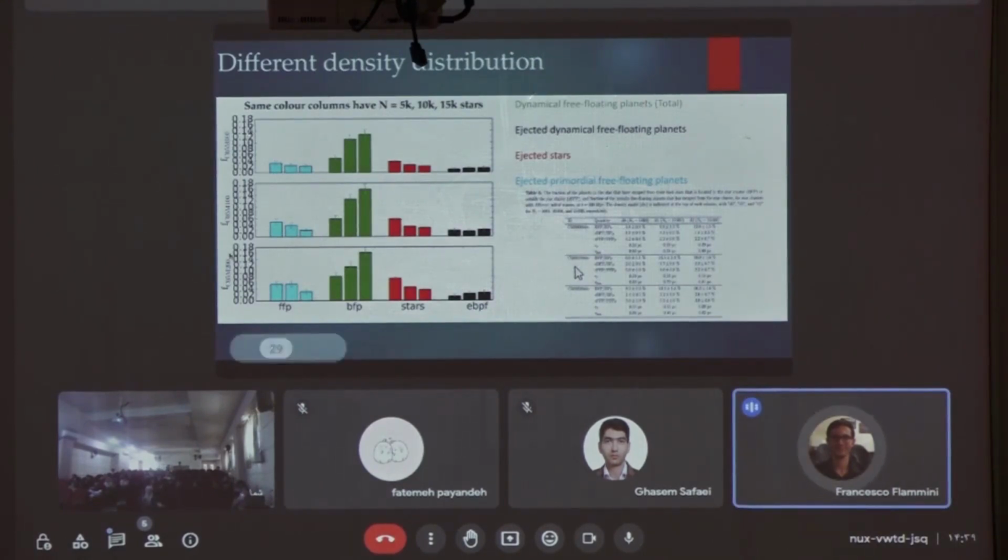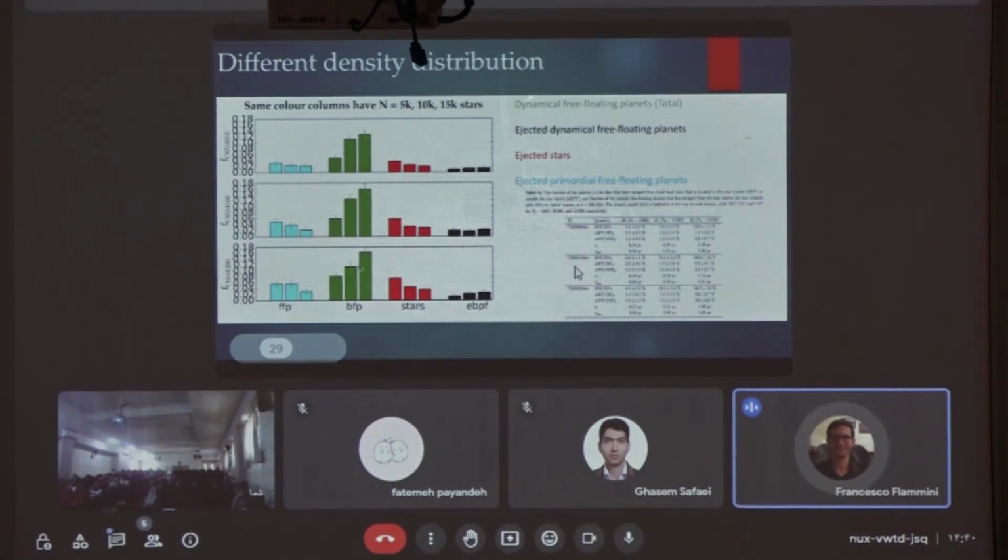In here, please just focus on the green columns, in which, as you can see, there is a different fraction of ejected planets from the planetary system. The different columns mean different densities of the star cluster, again with the same number of stars. And the rows mean different masses of the black hole inside.